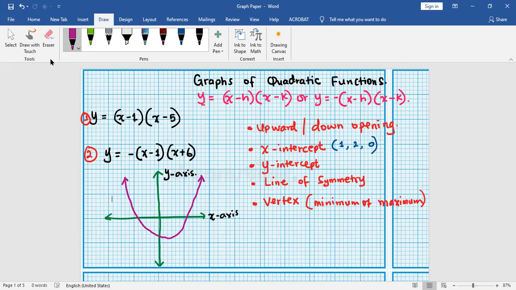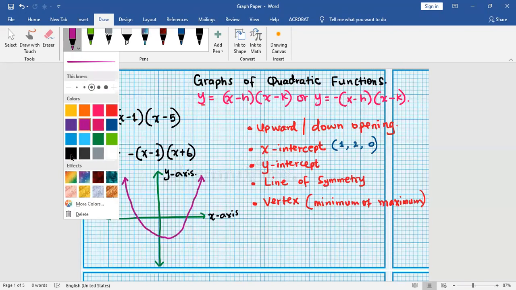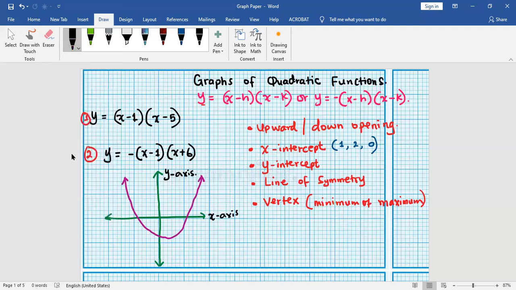Okay, now let's name the parts that I've just been telling you. This point and this point is what we call the x-intercept. This is where the curve has met the x-axis. This one with black dots, it's the x-intercept.